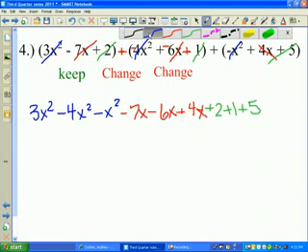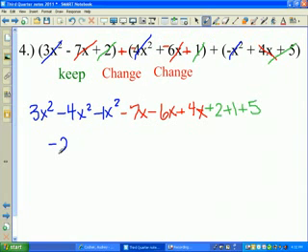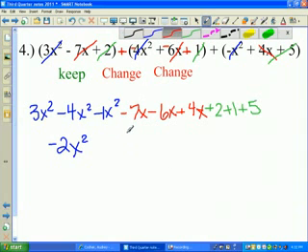So now, this is when it comes down to knowing our integers. So 3 minus 4, that will give me a negative 1. Negative 1 minus, remember there's a 1 there, minus 1 will give me a negative 2x squared. Next, negative 7 minus 6, that will give me a negative 13.